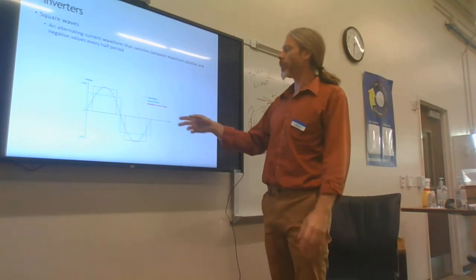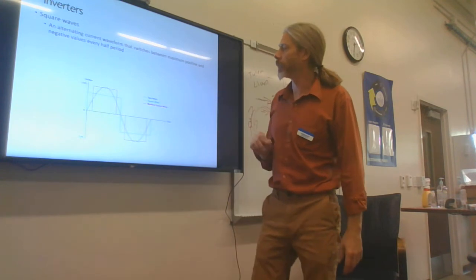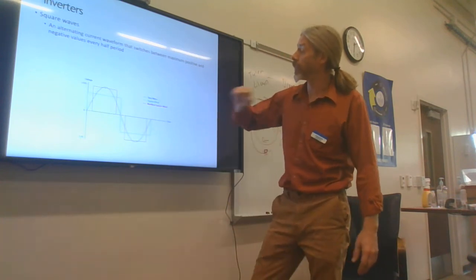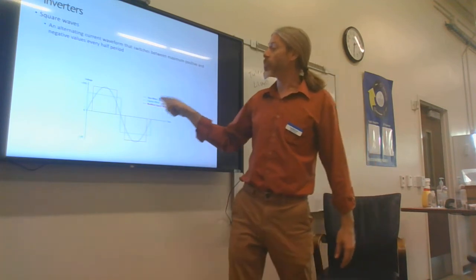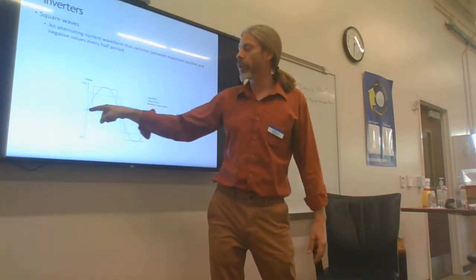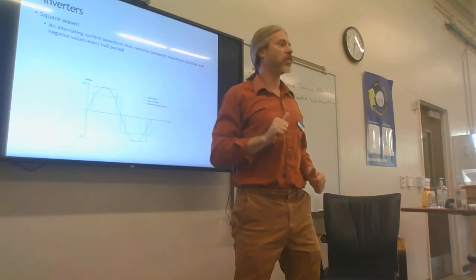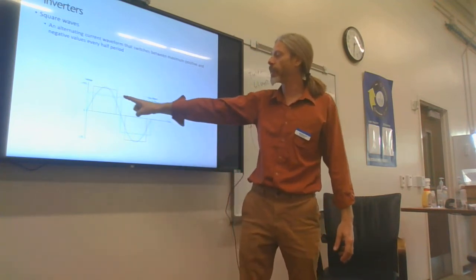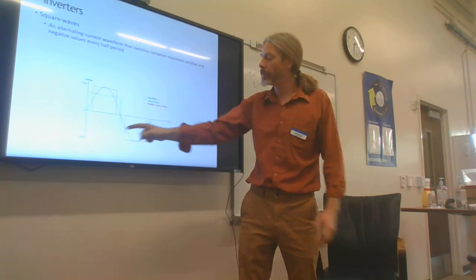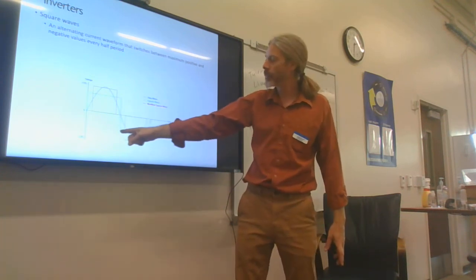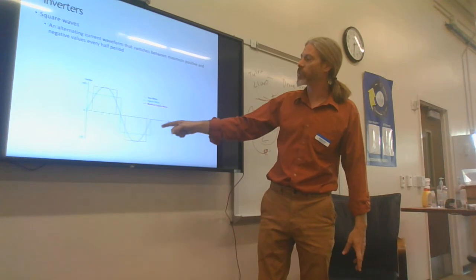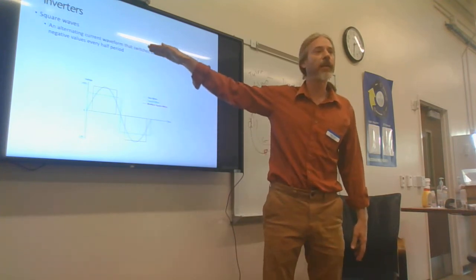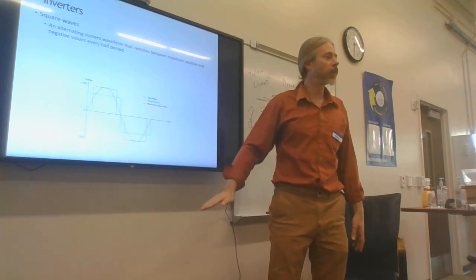So to start with, we'll look at the square wave. With a square wave, we start at 0 and instantaneously we jump to our peak, and we stay at our peak for a certain amount of time. Then we drop immediately to our negative for a certain amount of time. A square wave inverter doesn't have to have a real high peak or a low peak.